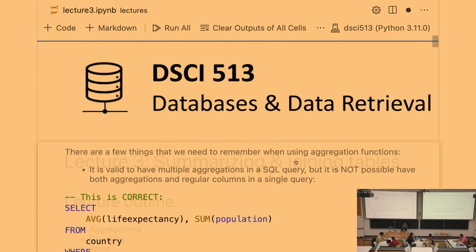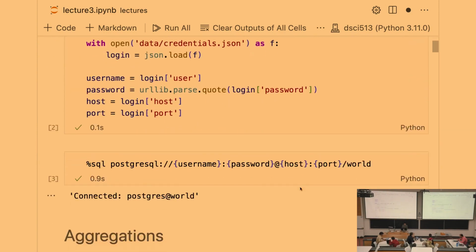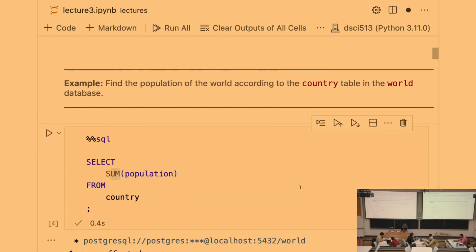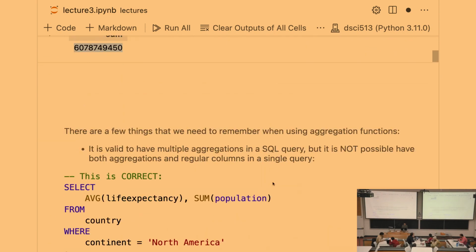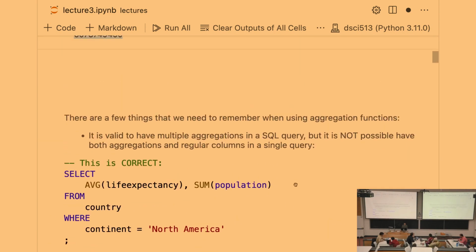All right. Now comes the stuff that's actually very important in how we apply aggregation functions in our SQL queries. So we have another query here. Select average life expectancy along with the sum of population from the country table where continent equals North America. So the average life expectancy and the total population for North America.